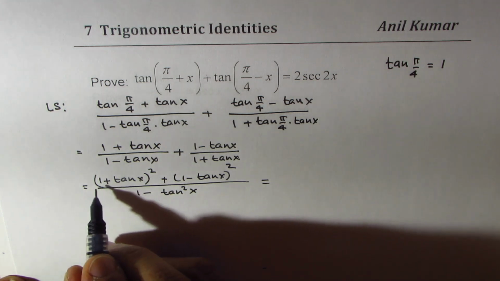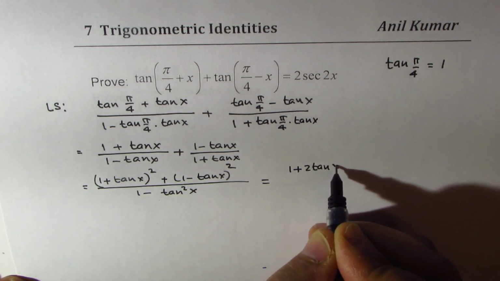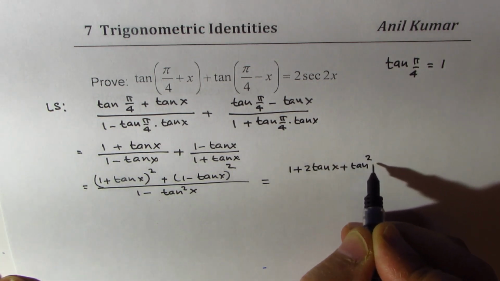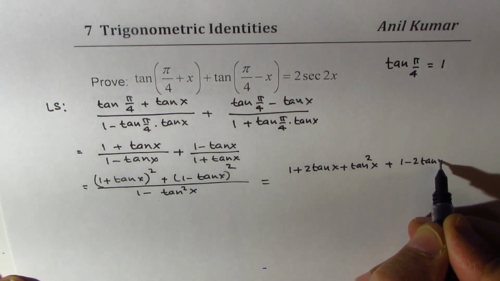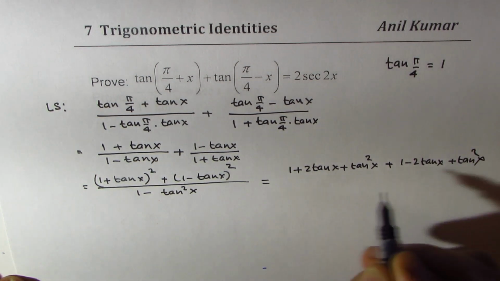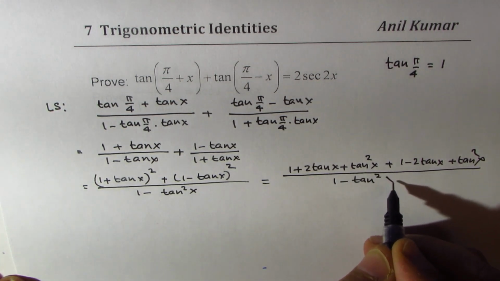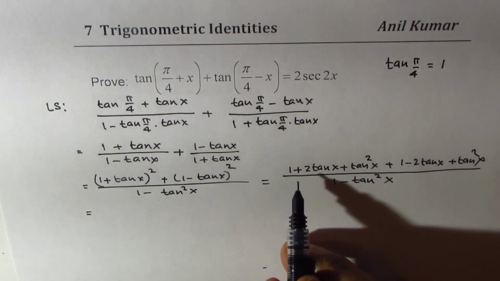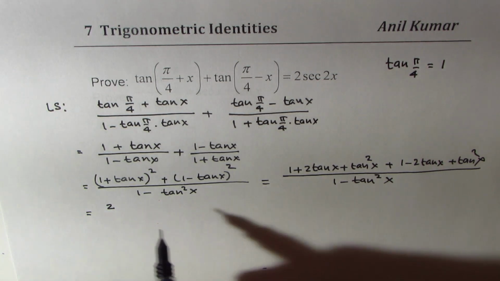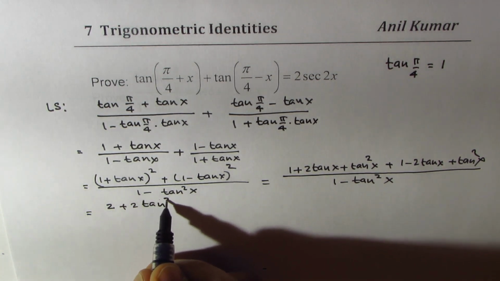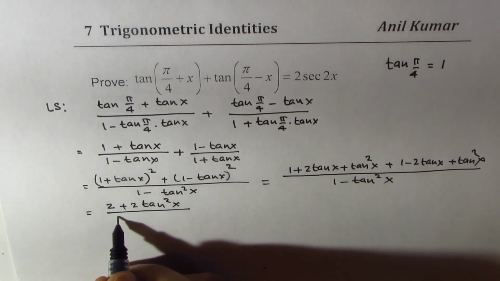So if I expand, I get 1 plus 2 tan x plus tan square x for the first term, and then here 1 minus 2 tan x plus tan square x over 1 minus tan square x. Now in the numerator we get 1 plus 1 as 2, and then 2 tan x minus 2 tan x cancel, and we get plus 2 tan square x over 1 minus tan square x.